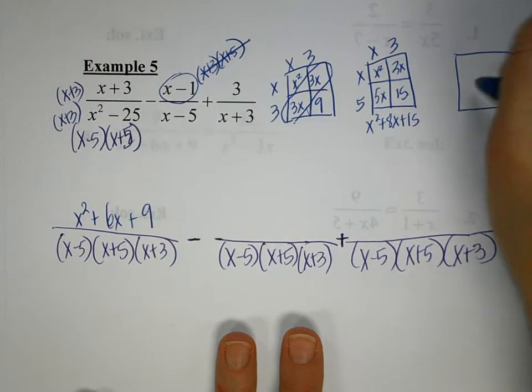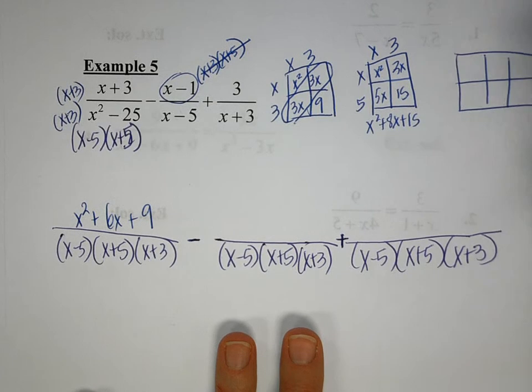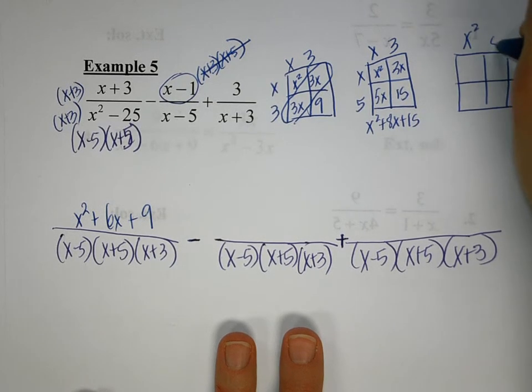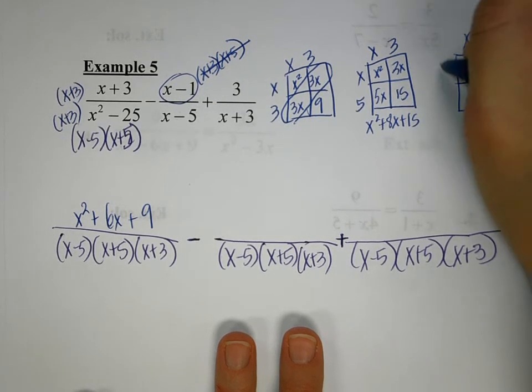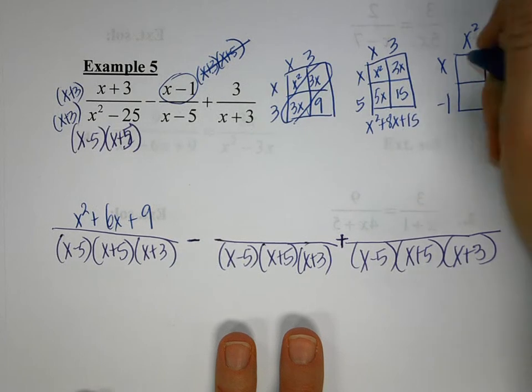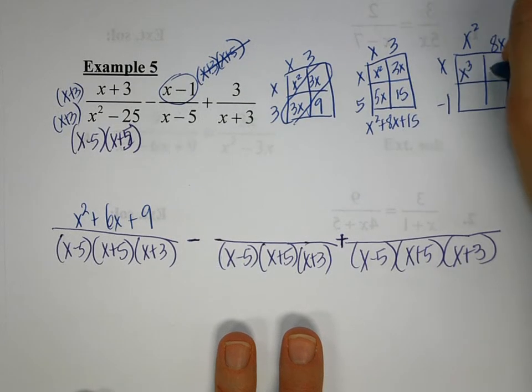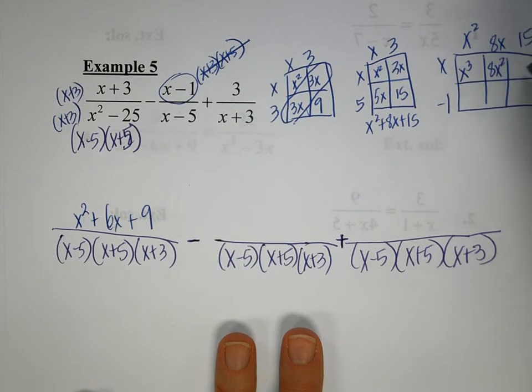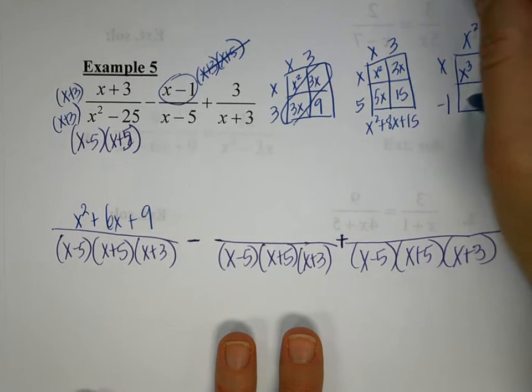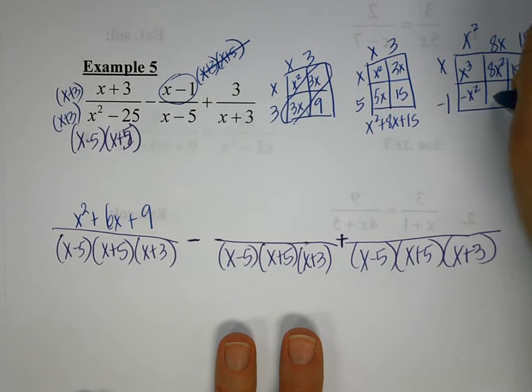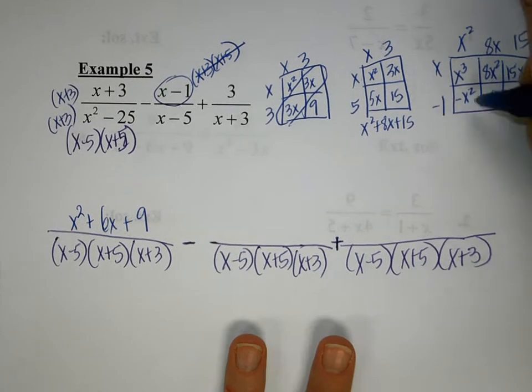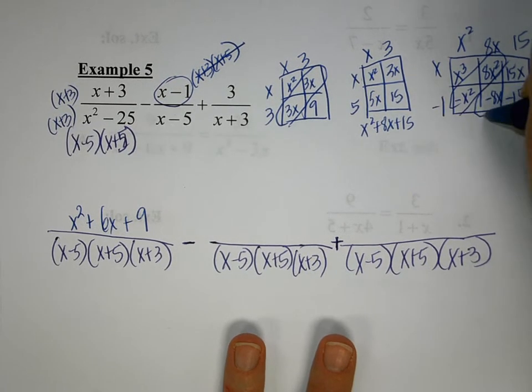So we have a 3 by 2. So I have x squared, 8x, 15, and x and negative 1. We get x to the third, 8x squared, 15x, negative x squared, negative 8x, negative 15. Remember that your like terms are in your diagonals, right, Michael? Yeah.